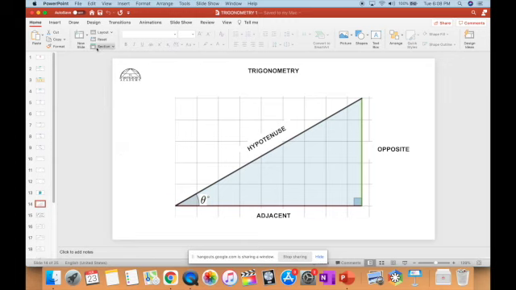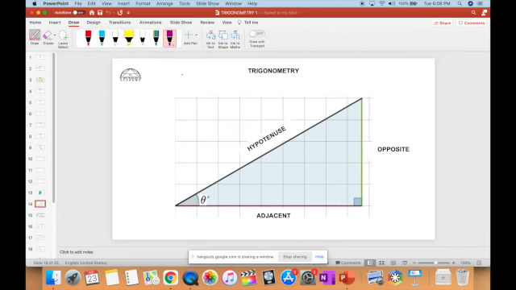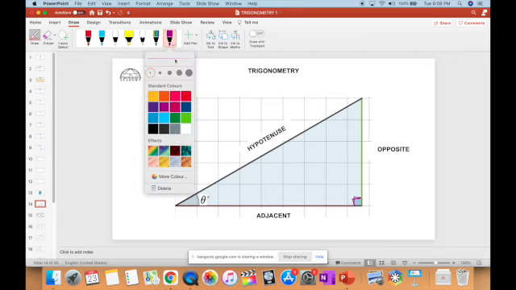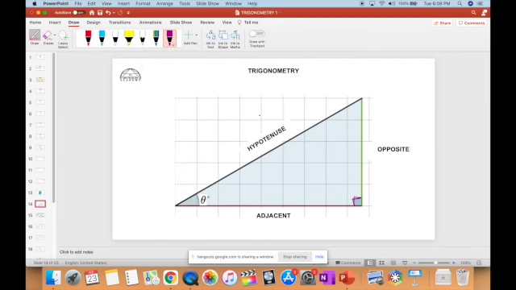Now, in terms of the sides of a right angle triangle, we know that if this is the right angle here, the side opposite the right angle is the longest side, and that is the hypotenuse. So I'm hoping that we should all know that, right? The hypotenuse is the longest side of a right angle triangle.